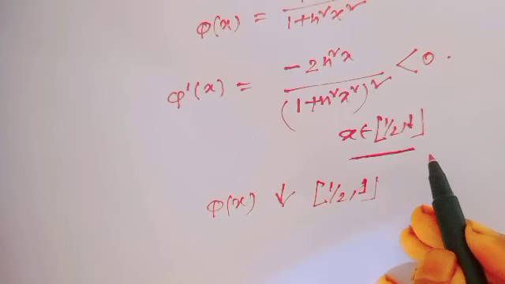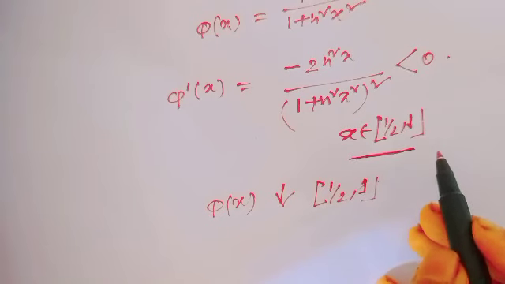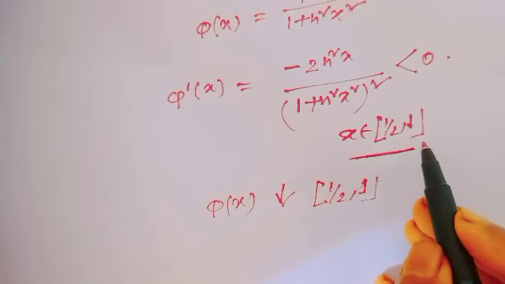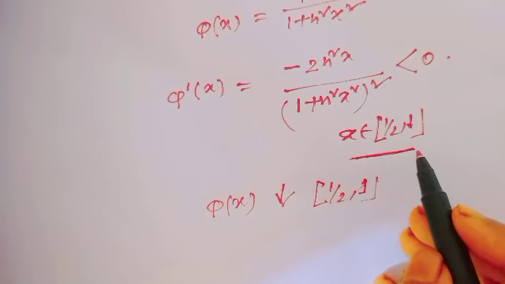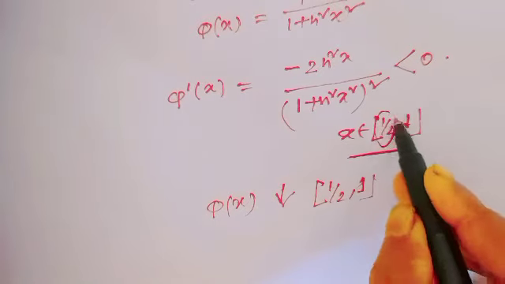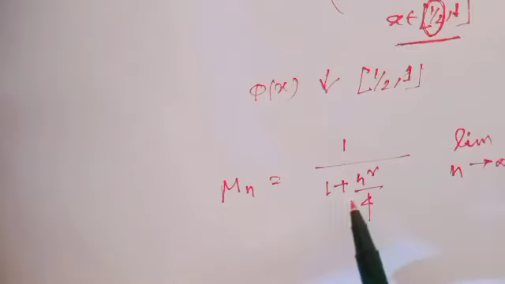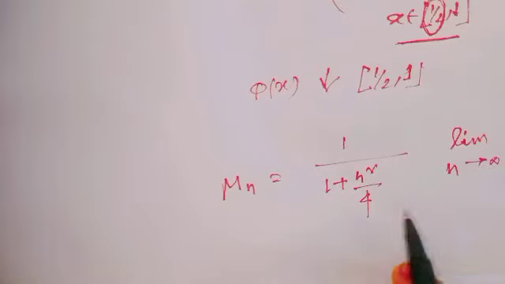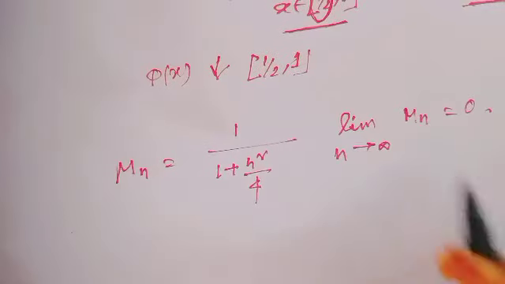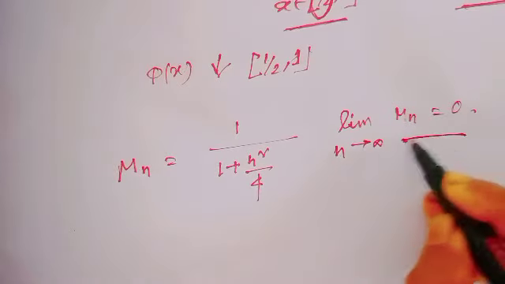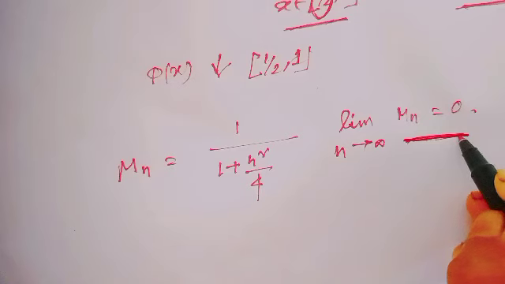And since this is a strictly monotone decreasing function, it has its supremum value at the first point, which would be 1 over 1 plus n square over 4. Then the limit as n tends to infinity, Mn equals just 0.